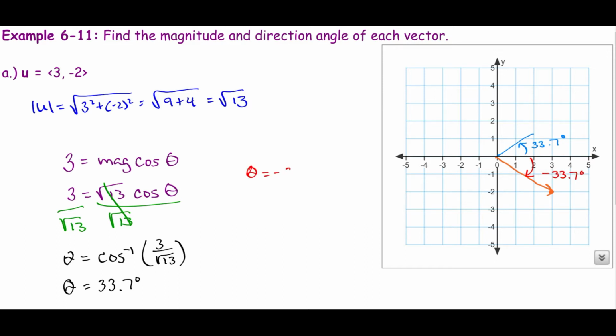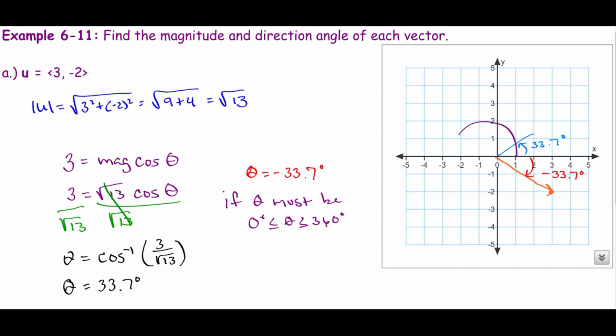Now a lot of times they will tell you that theta must be between 0 degrees and 360 degrees, then we just want to find an angle that's coterminal to this.